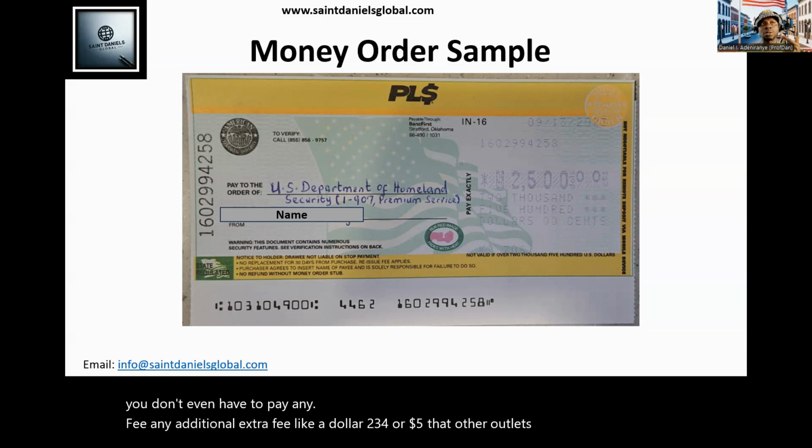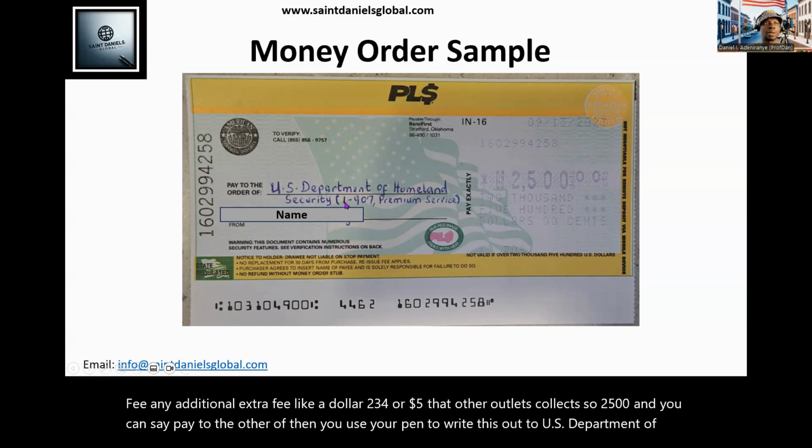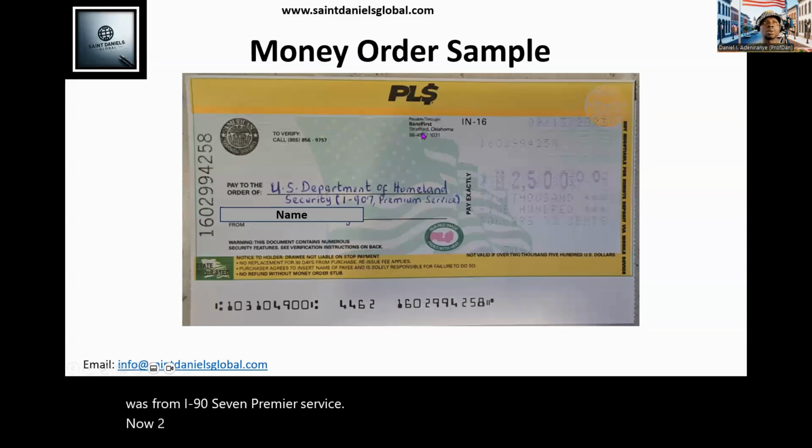So 2,500. And you write, pay to the order of, then you use your pen to write out U.S. Department of Homeland Security. Now, this person in this case specified the form he was paying for, which was Form I-907, Premium Service. So you give them your cash or they collect the money through your cards.